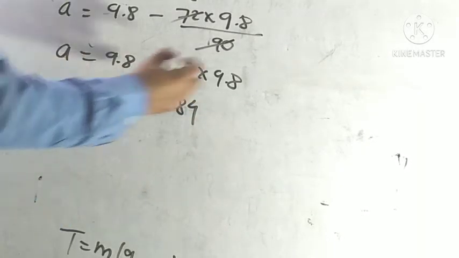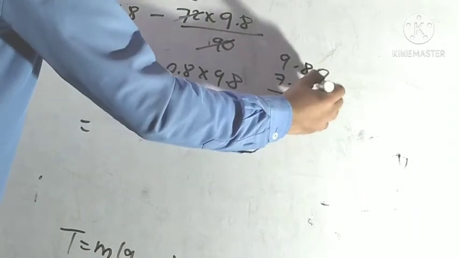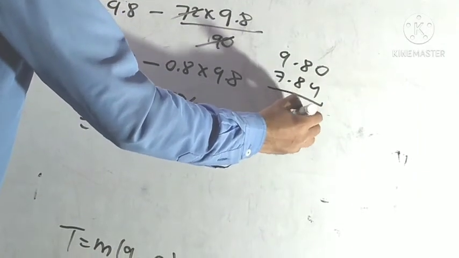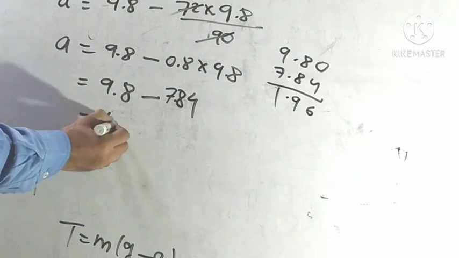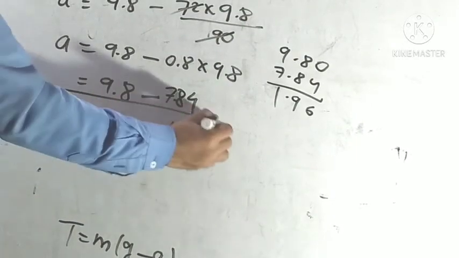Now we have to find this value: 9.8 minus 7.84 is 1.96 meter per second square. So this is our final value.